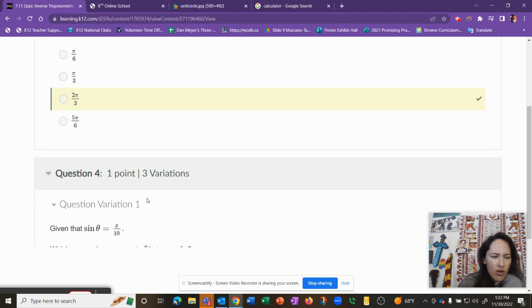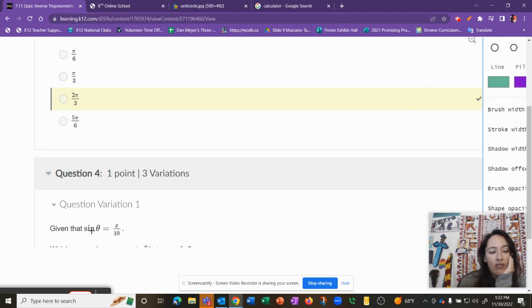Here we go to word problems. Oh man. This one is definitions, notation, how to write things. Remember, we want to solve for theta.